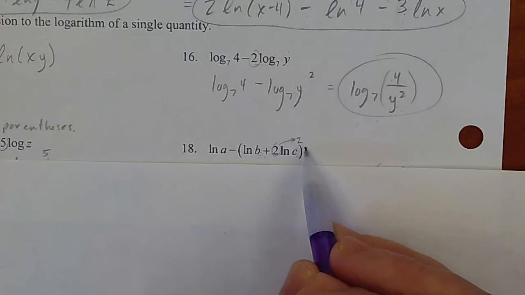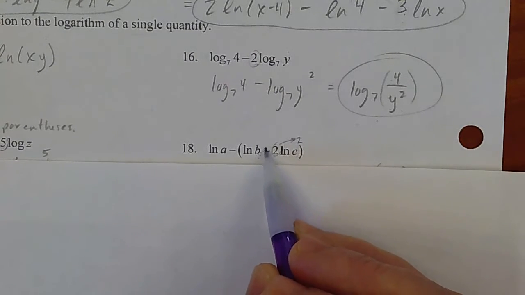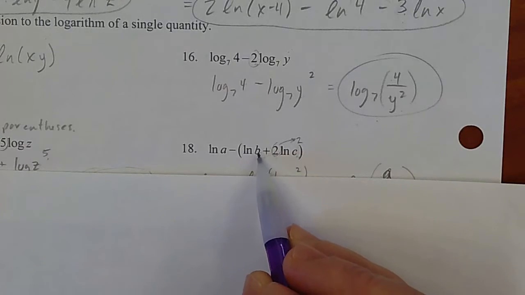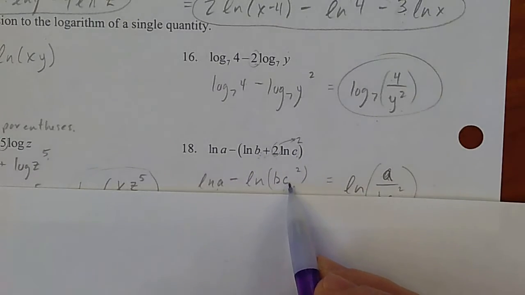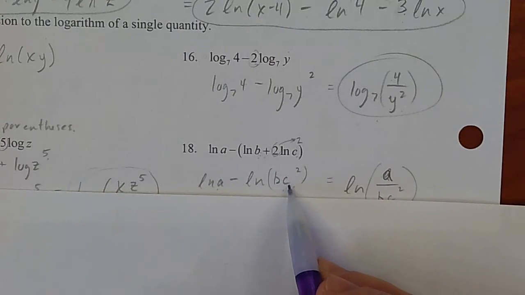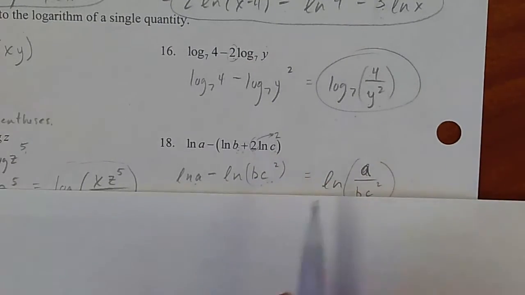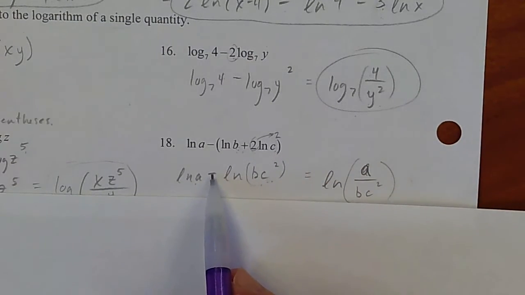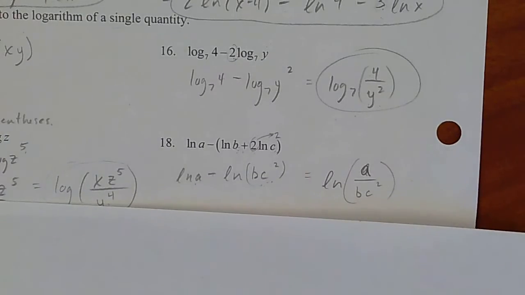I did that already, so I'm not going to rewrite it. And so now I can take this sum and write it as a product, u times v. So I've got b c squared now. Now we'll bring in the natural log of a into the problem. So now I've got a difference, so it's u over v. And that's it. That's the final answer.